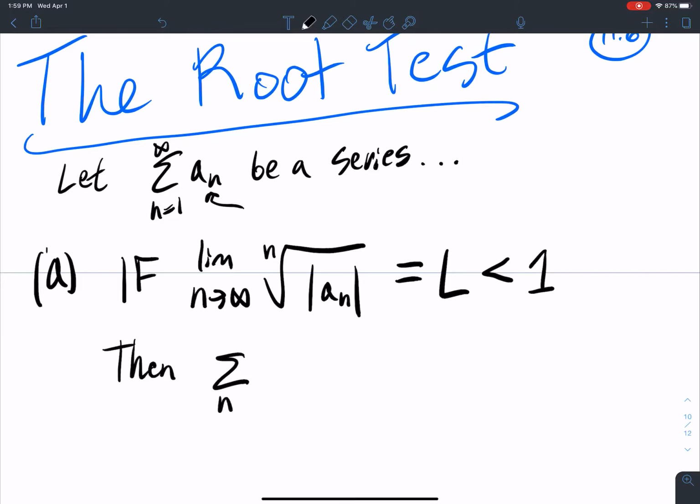Then the series from n equals 1 to infinity of a_n converges absolutely. Very similar to the ratio test.